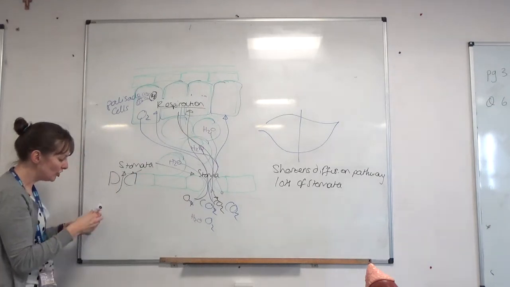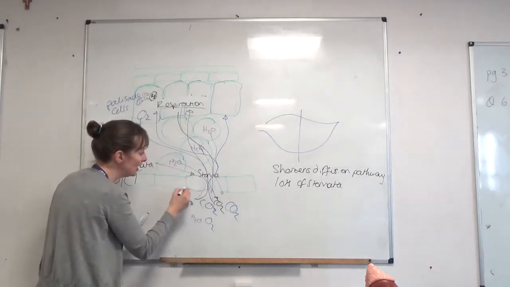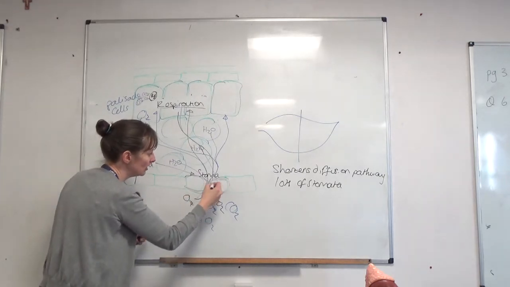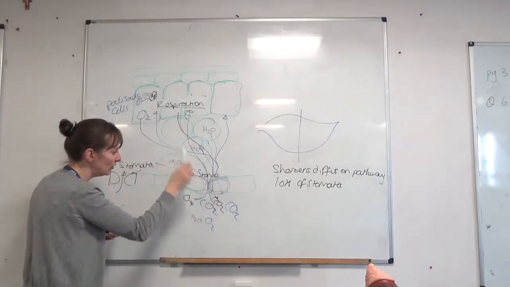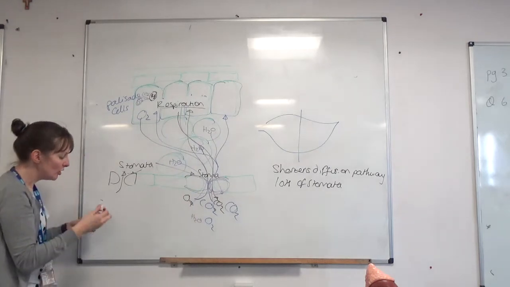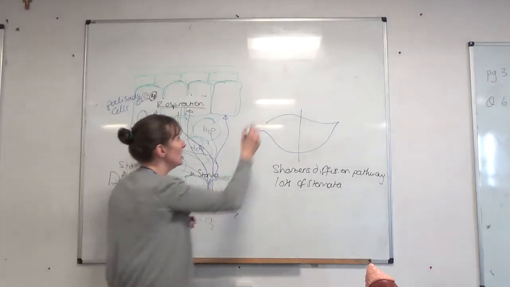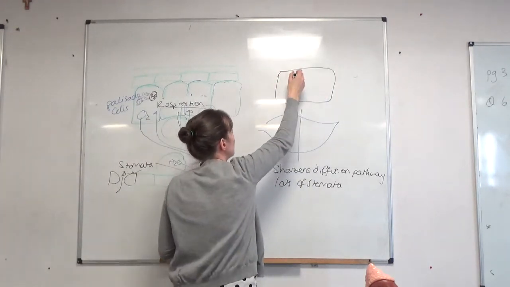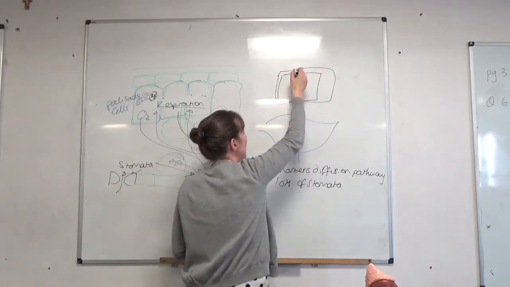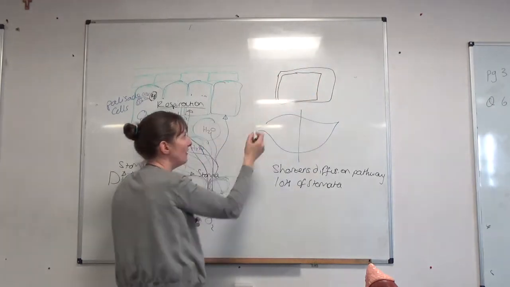So what it has to do is it has to close these guard cells, and that allows the water loss to be limited. So guard cells are specialised cells, and that's because on one side they have a very thick wall, and on the other a very thin wall.